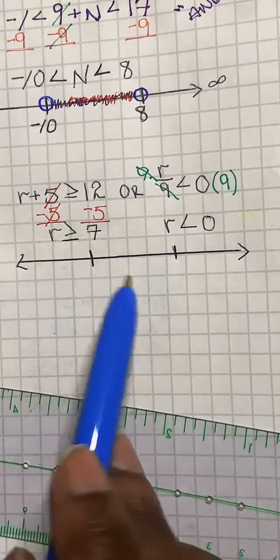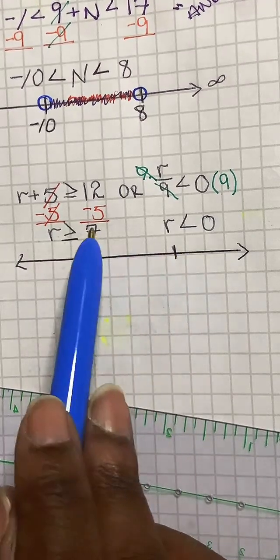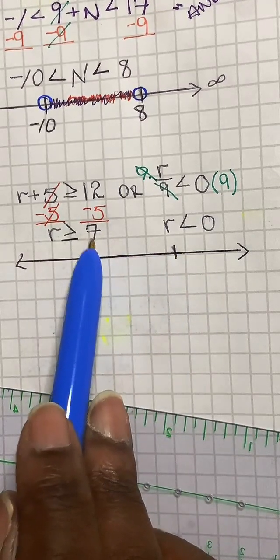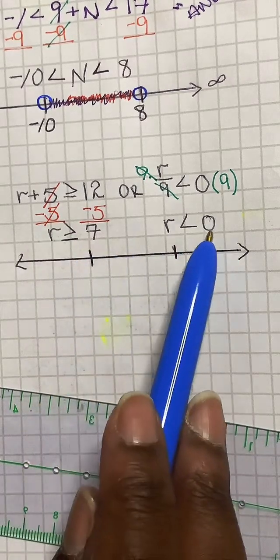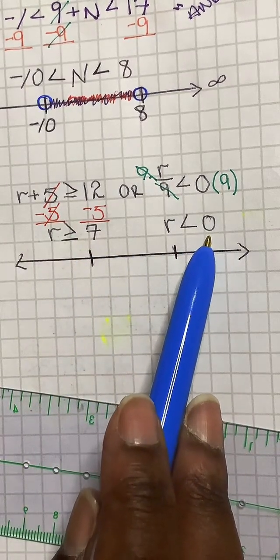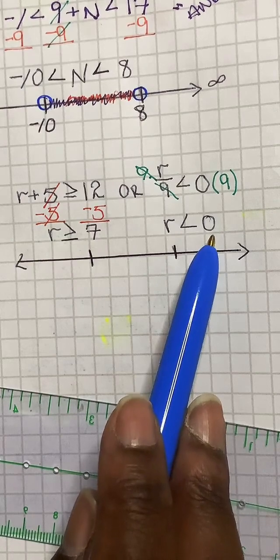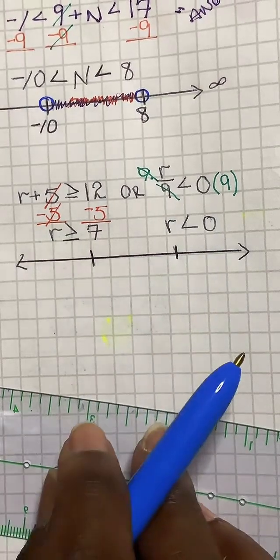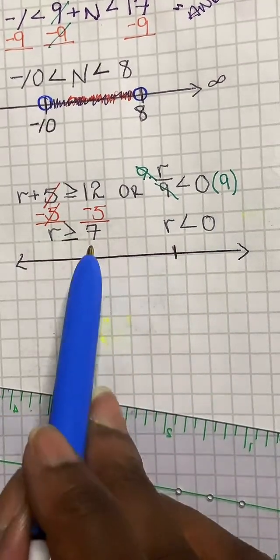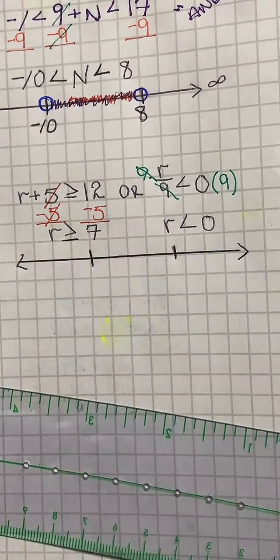That's fine. If we're thinking about a number line, this is a positive 7. There we go. This is a 0. We only have a 7 and a 0.